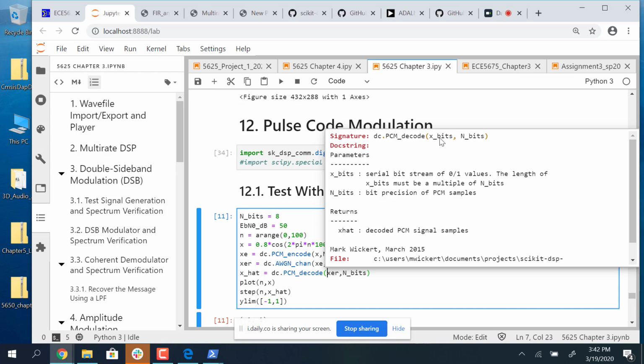So there's no data framing, there's no built-in synchronization or anything which is needed in a real comm system. That has to be supplied by the user.